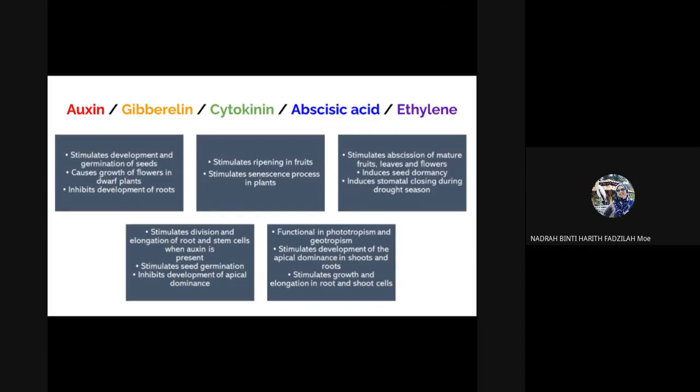Okay, I have 5 different statements here. Can you label which one is for auxin? Kamu buat dot merah saja. Which one is for gibberellin? Kamu buat dot orange. Lepas tu dot hijau untuk statement cytokinin, dot biru untuk statement abscisic acid, and dot purple untuk ethylene.